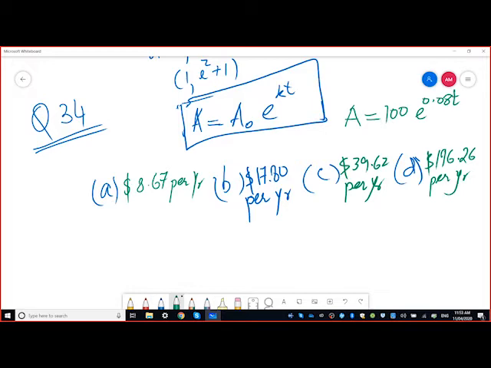So it means the growth rate is increasing. In the first year it was 8.67. So this 8.67 is not the value of the amount. It is the gradient, how steep the curve is going.